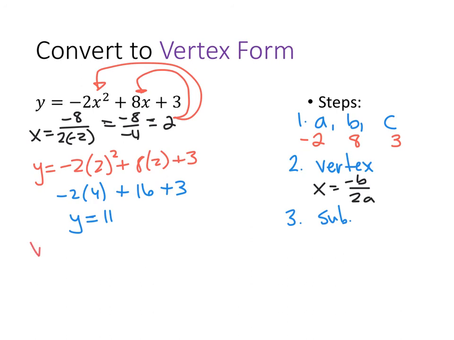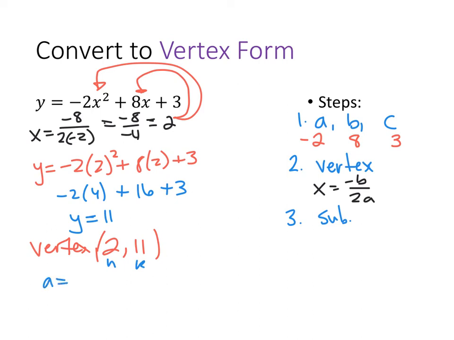So what that means for me is that my vertex is positive 2 comma 11, and so I can use that vertex, which stands for h and k.